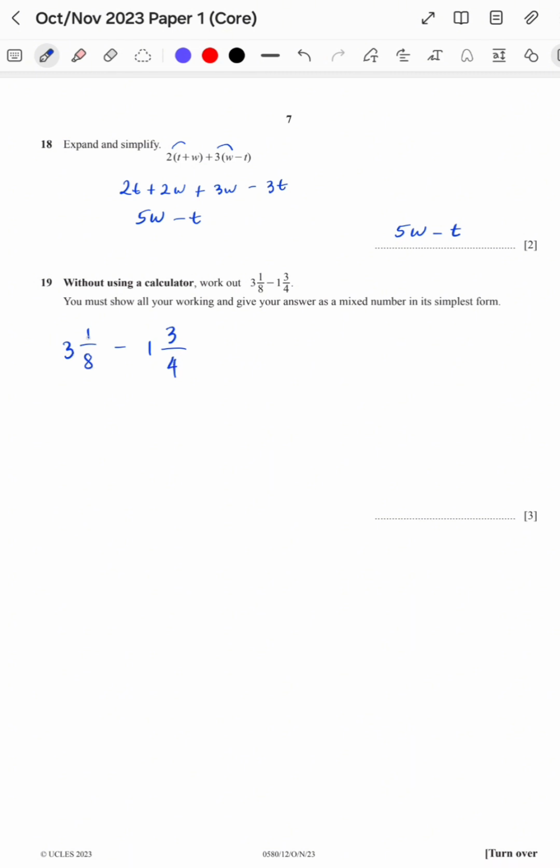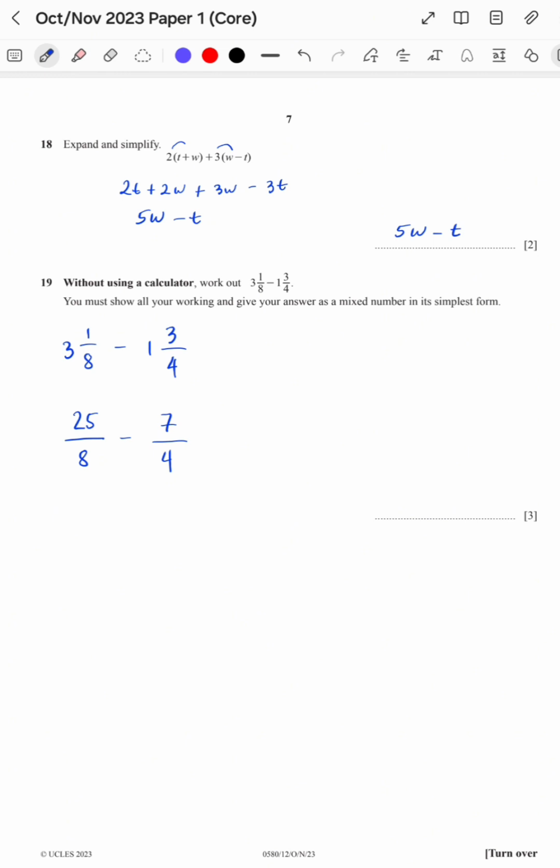Multiply 8 by 3 and then add 1, and then copy the denominator. So 8 times 3 is 24, plus 1 is 25, and then copy the denominator. Do the same with 1 and 3 out of 4. So 4 times 1 plus 3, that's 7 out of 4.